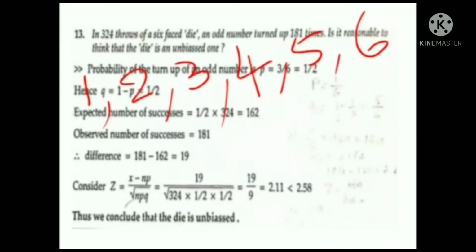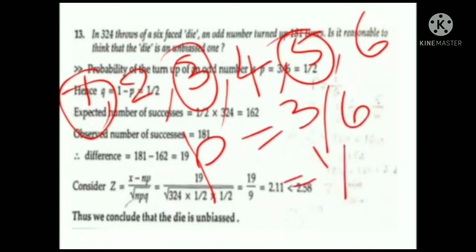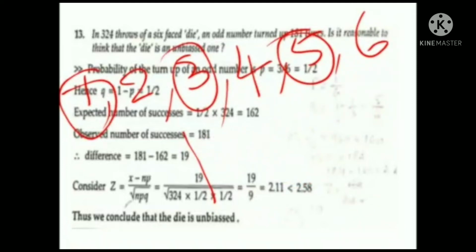Among these, what are the odd numbers? 1, 3 and 5. So among 6, we have 3 successes. What is the probability of success? It is equal to 3 by 6, that is 1 by 2. That means whenever we throw a die, the probability of getting an odd number is 1 by 2, and of not getting an odd number is also 1 by 2.